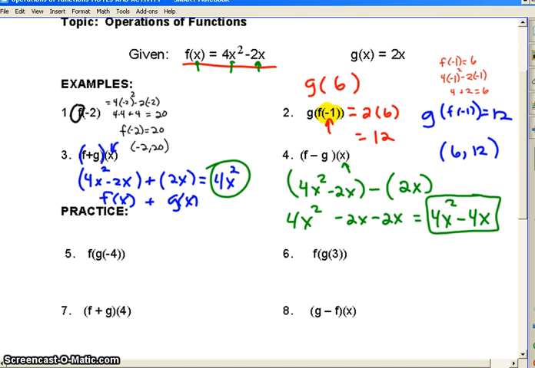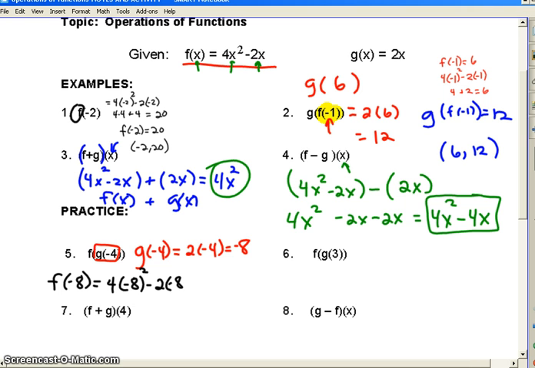All right, this time the outside function is f and the inside function is g. So I'm going to evaluate g of negative 4 first. That means 2 times negative 4 equals negative 8. Okay, now I'm going to put negative 8 into the f function. So f of negative 8 is going to give me 4 parentheses negative 8 squared minus 2 times negative 8.